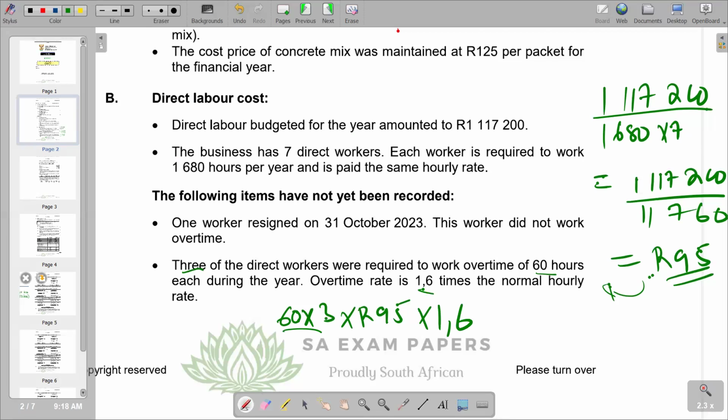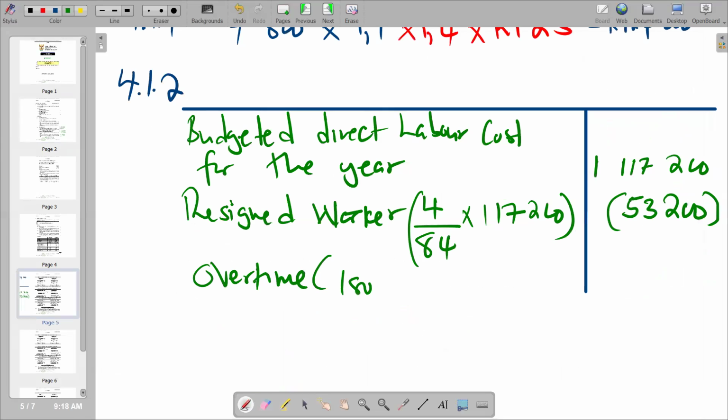So we're going to say 180, and then we multiply by 95, and then we multiply by the 1.6 increase, since it's overtime. Then if you multiply, you get 27,360. So that's what we have for that part. And we are supposed to add it to get the total.